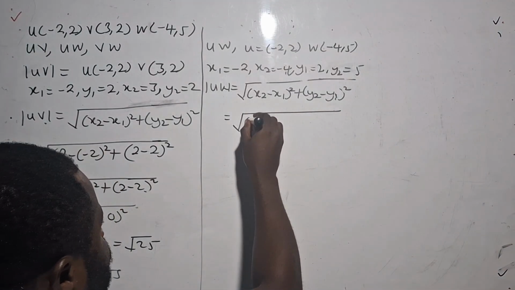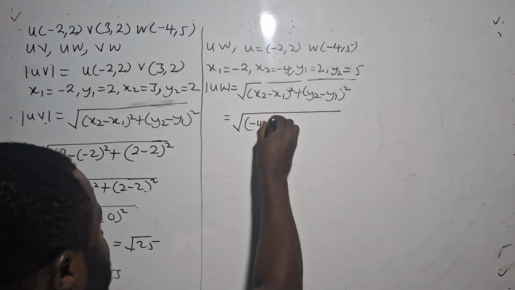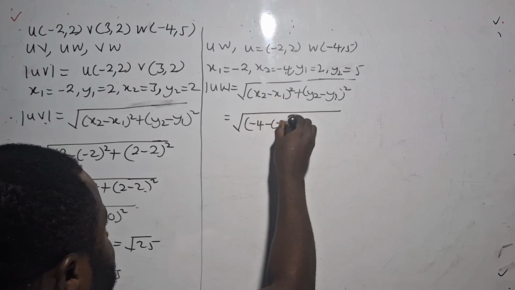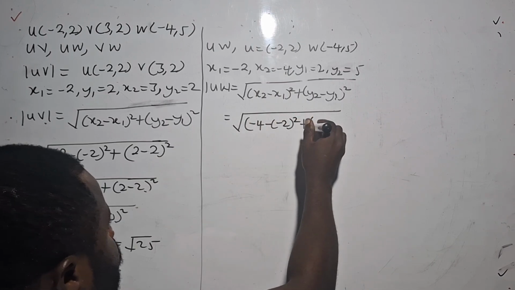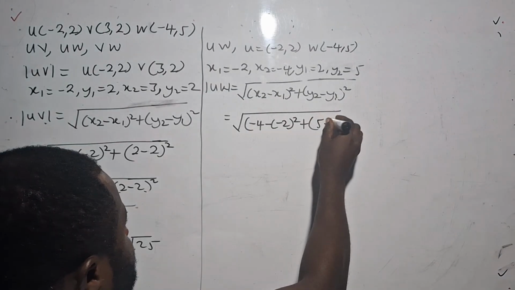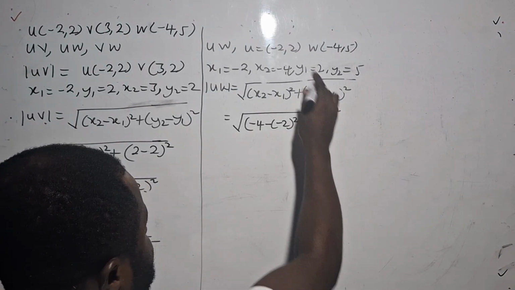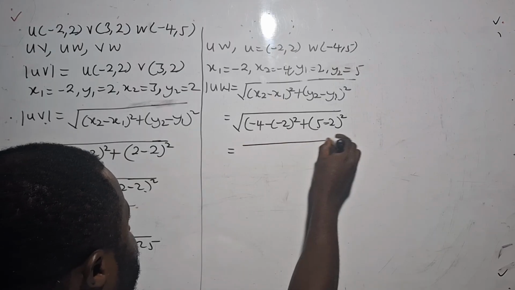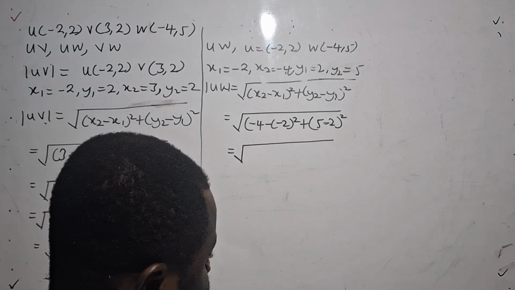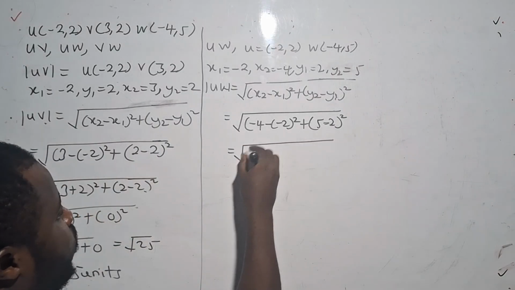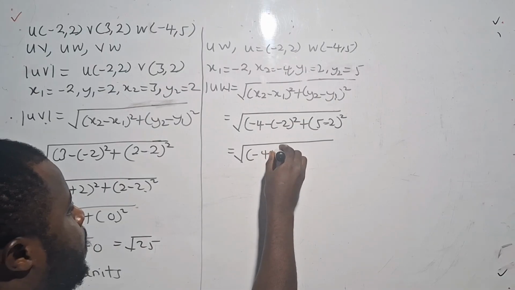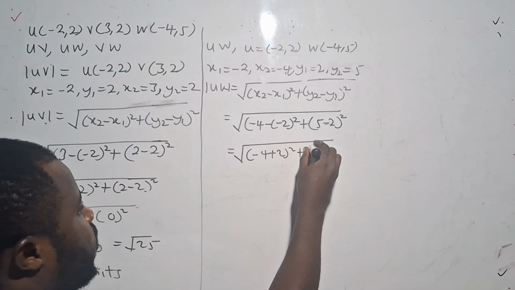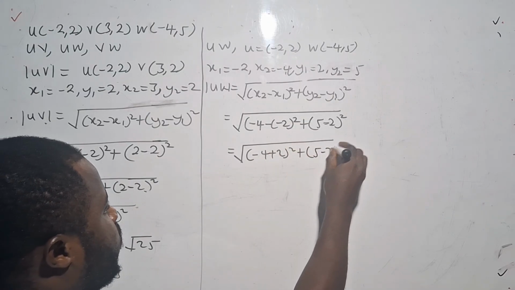So let's find the length. We have x2, negative 4 minus x1, negative 2 squared, plus y2 minus y1, which is 2 squared. So this one will give us negative 4 plus 2 squared, then 5 minus 2 squared.